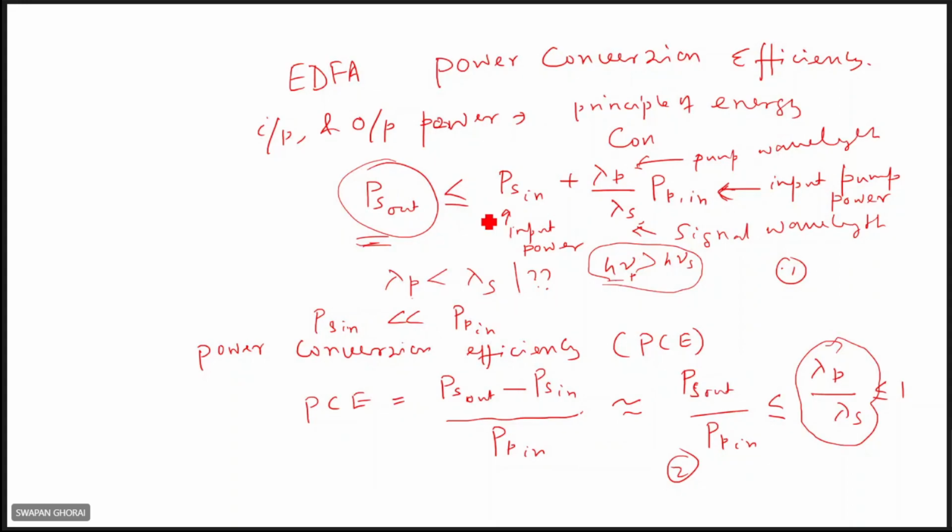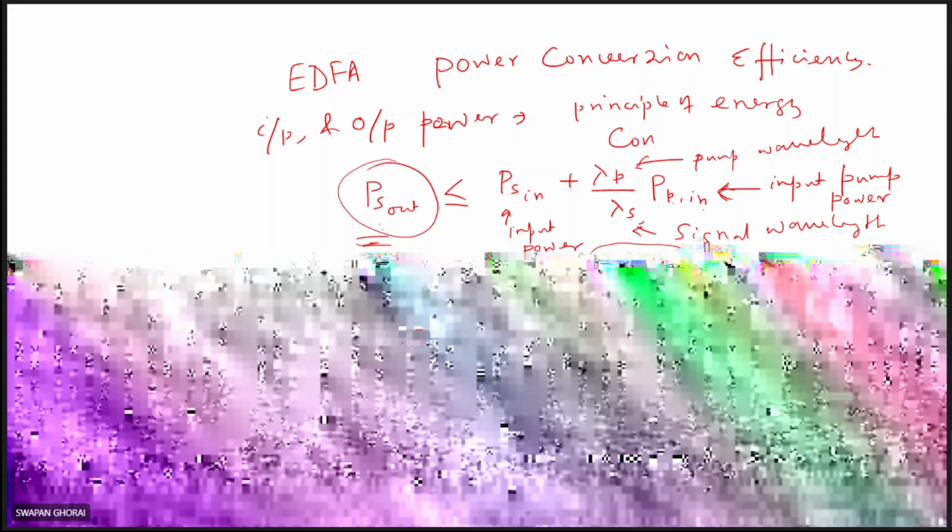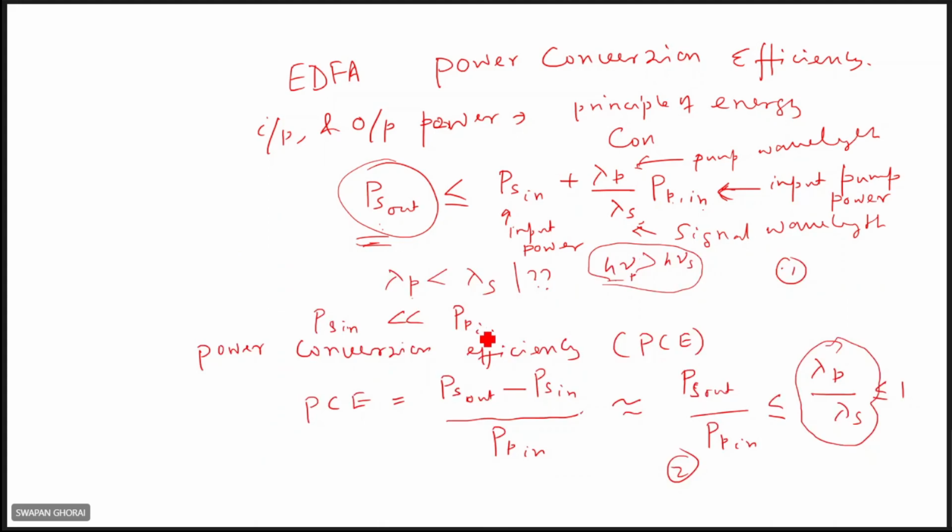This can be obtained through the energy conservation principle, right? Lambda p by lambda s into Pp, the pump power input, plus Ps, the signal power input, gives the signal power output, right? And in the process, signal input should always be less than pump power input, right?